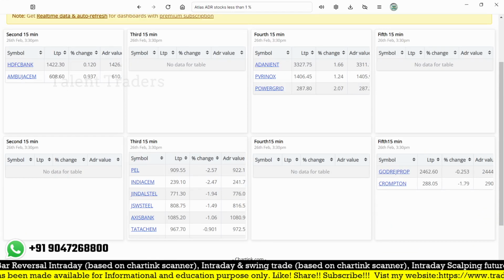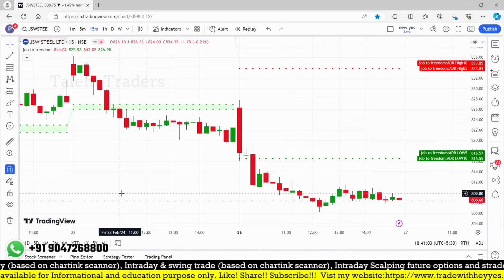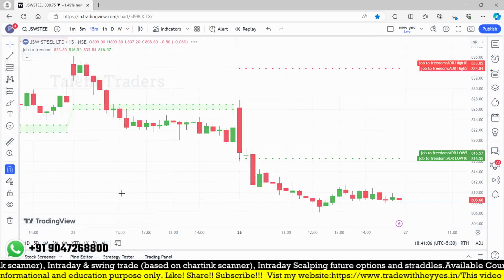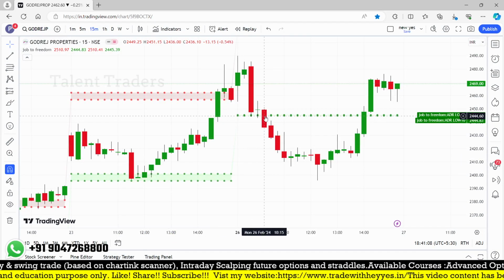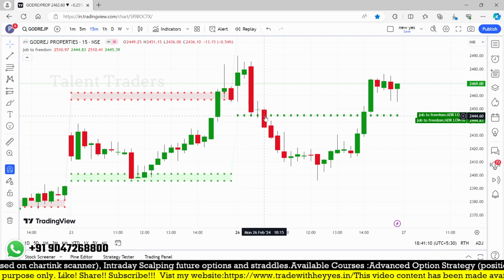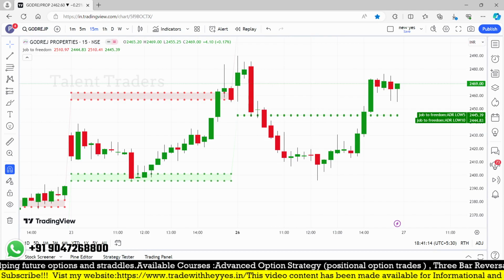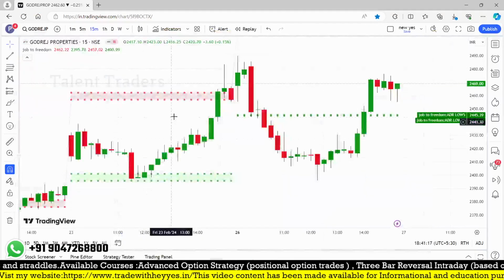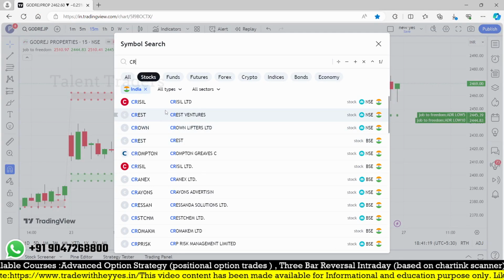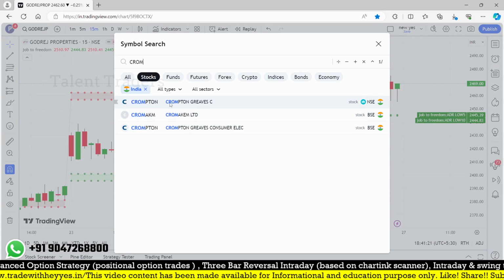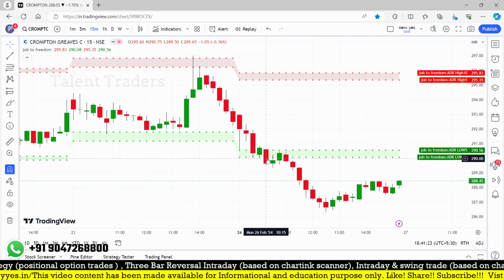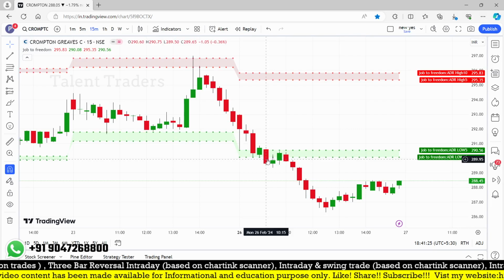A lot of stocks, and here Godrej Properties and Crompton on the fifth candle. So let me check Godrej Properties. Here is the fifth candle, 10:15 to 10:30. Such a good move, and that was a target of maybe more than 1:1. And Crompton. So I think that was working. Here it is about 10:15 to 10:30. That is the fifth candle.